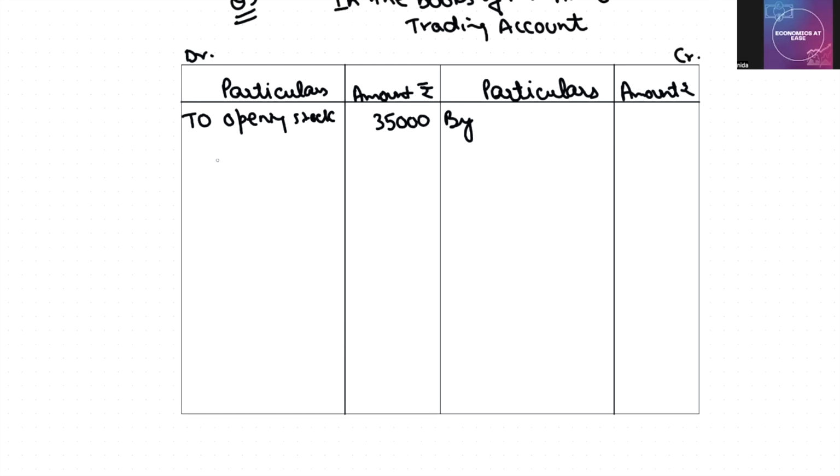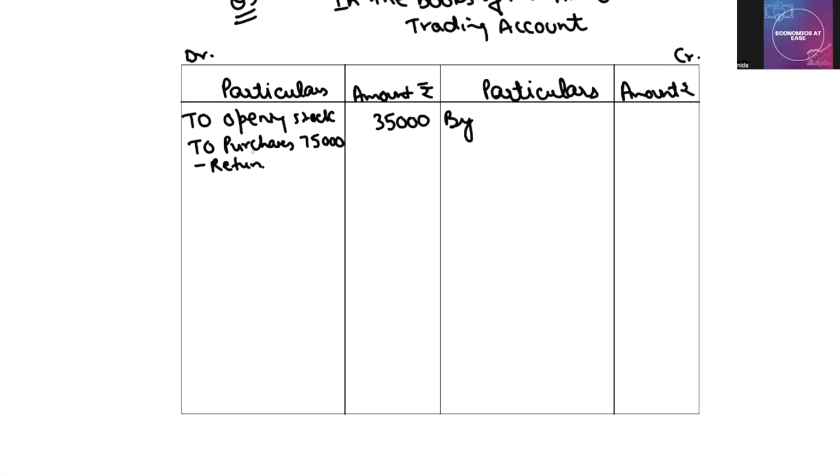Then purchases and sales. Now purchases, whenever you see them, always see the returns also. Returns are also given. Purchases are 75,000 less returns. How much are the returns?